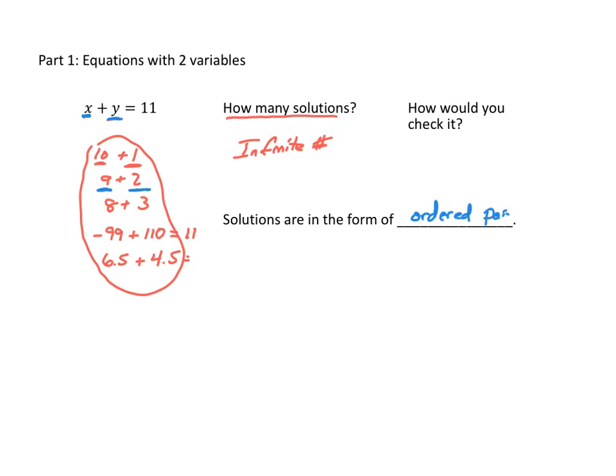Every ordered pair of numbers would be in the form of x and y. So that 10, 1 solution would be (10, 1). Or it could be (1, 10). And those would be two different solutions. They're not the same.